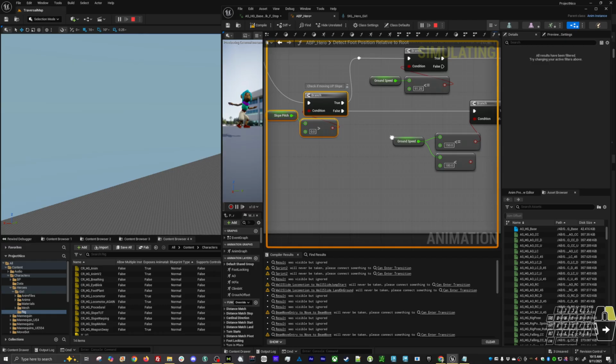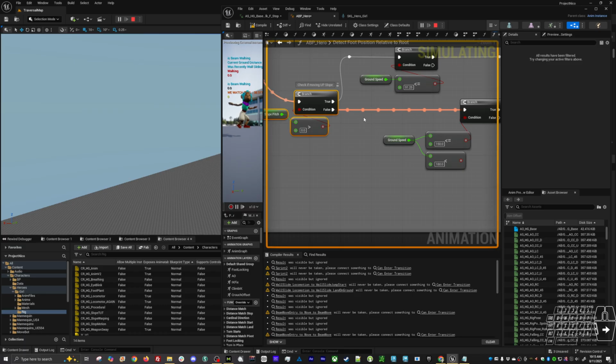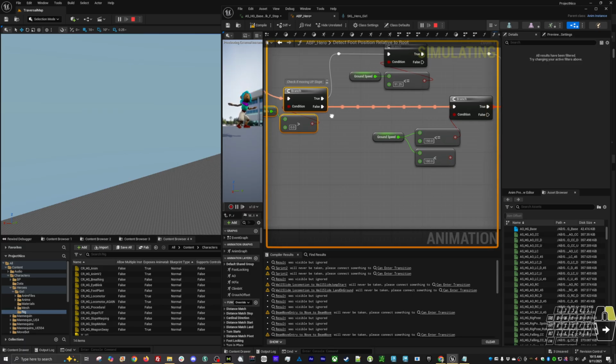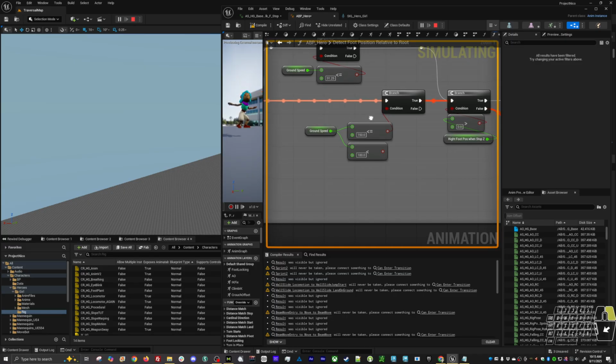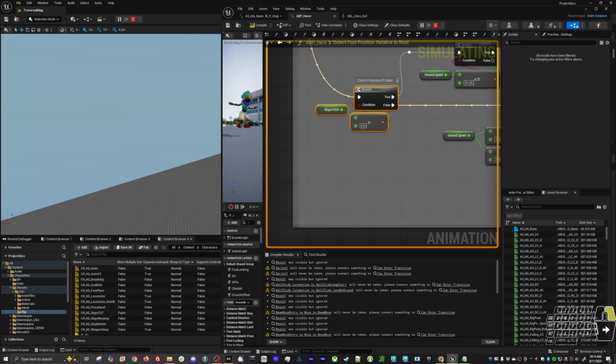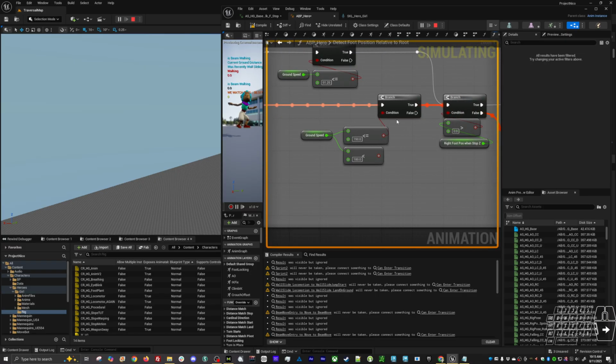Huh. Check if moving upslope. So if you're not, oh, basically this one would be 0. If we're only checking for greater than 0, then this other one would be 0 or less than 0. Okay, so false is 0 or less than 0. So that makes sense, I guess.